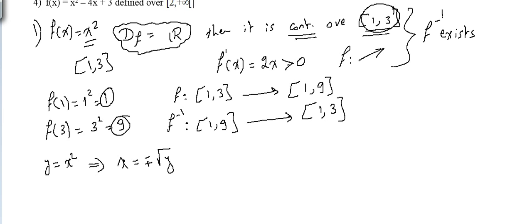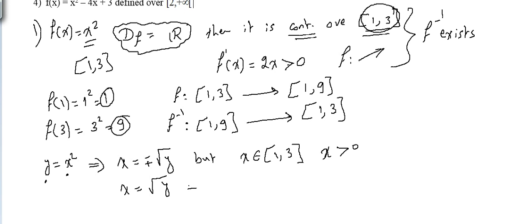But where x is found, x belongs to [1, 3], and [1, 3] is all positive. So x gives me just a positive value. This means x should be equal to only plus radical y. Now we interchange. This means y equals radical x, and this expression is the expression of f inverse of x.